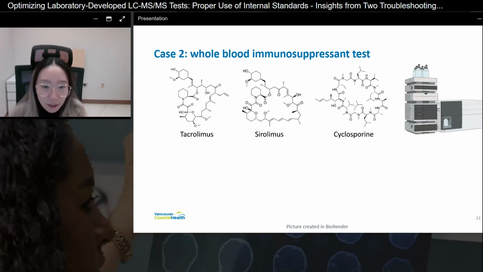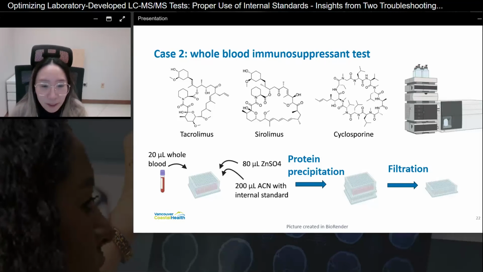And the current sample preparation workflow is shown here. 20 microliter of whole blood was first treated with zinc sulfate and then mixed with 200 microliter of acetonitrile containing internal standard, and then vortexed for protein precipitation, and then filtration.